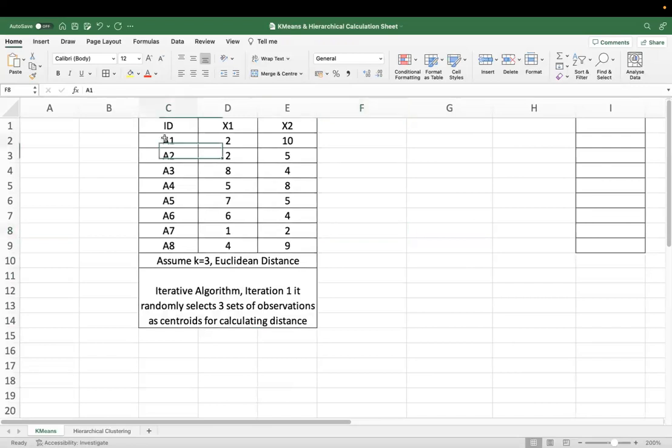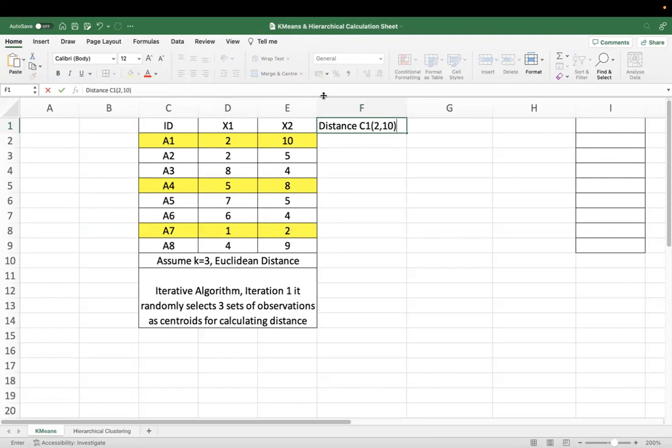Okay, let's assume it has picked this as your random selection. Randomly, it chose these 3 for calculating the distance. Now it will calculate the distance for cluster 1, which is 2, 10.